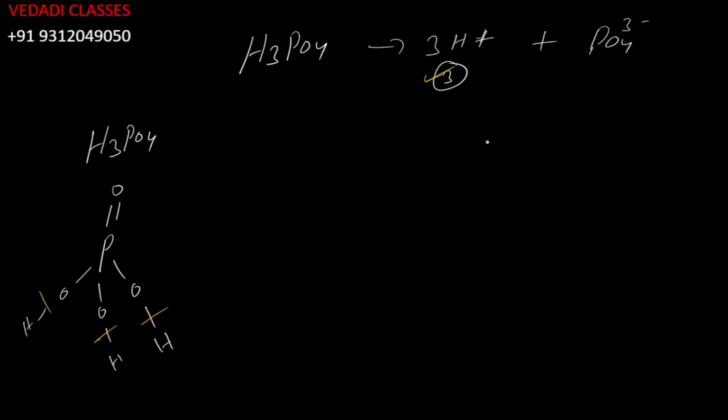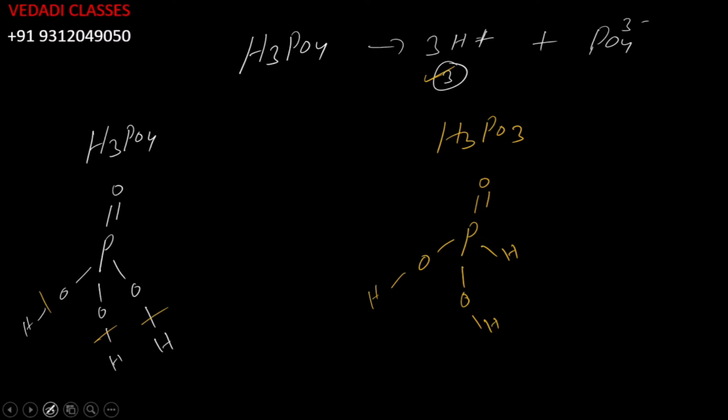Now think about H3PO3. P double bond O, OH, and only one more OH, and this is H. How many hydrogens are directly attached to oxygen? You will find only 2, this one and this one.